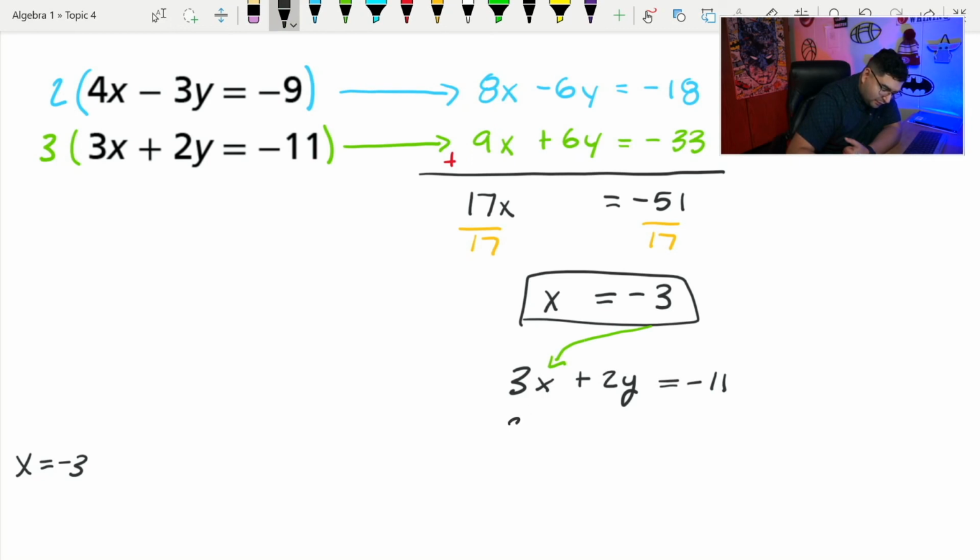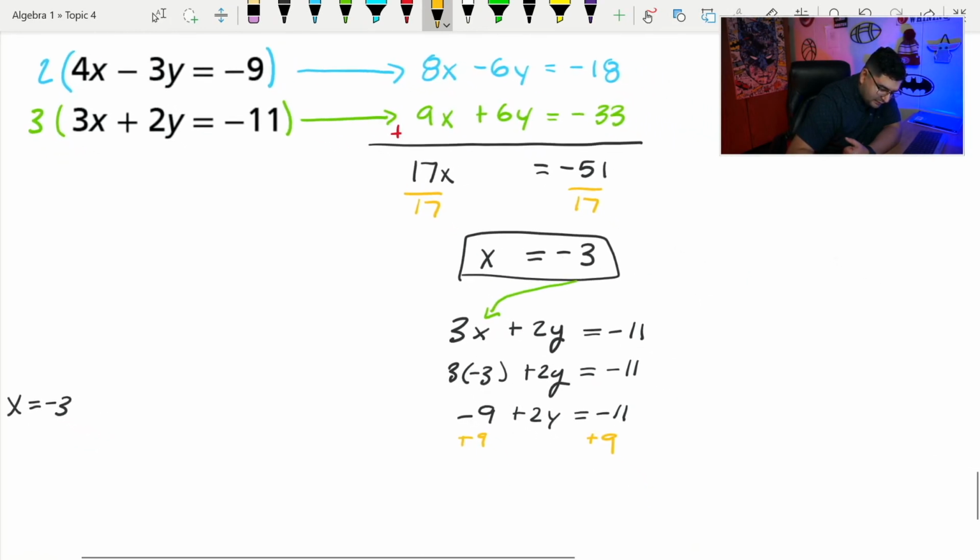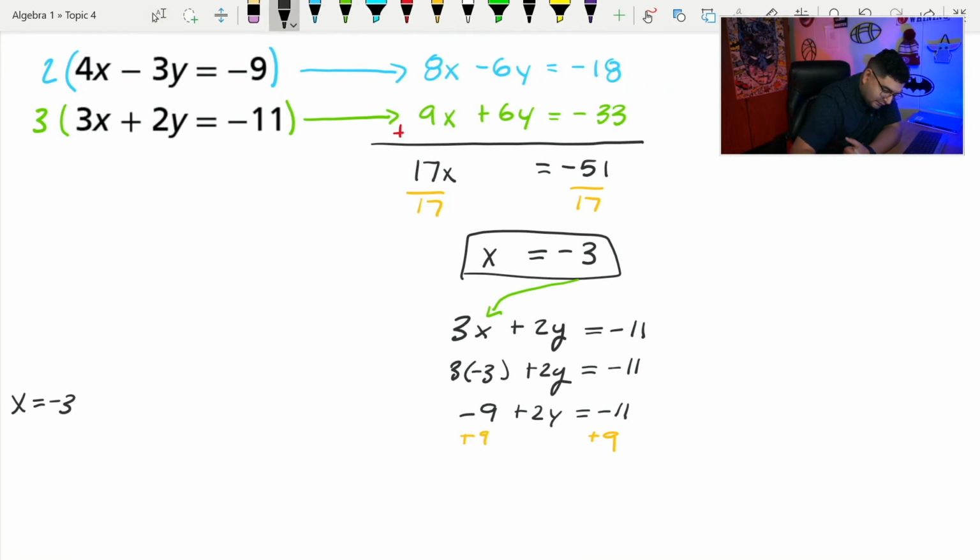That would leave me with 3 times -3 plus 2y equals -11. I would have -9 plus 2y equal -11. We can then add a 9 to both sides, leaving us with 2y equals -2.